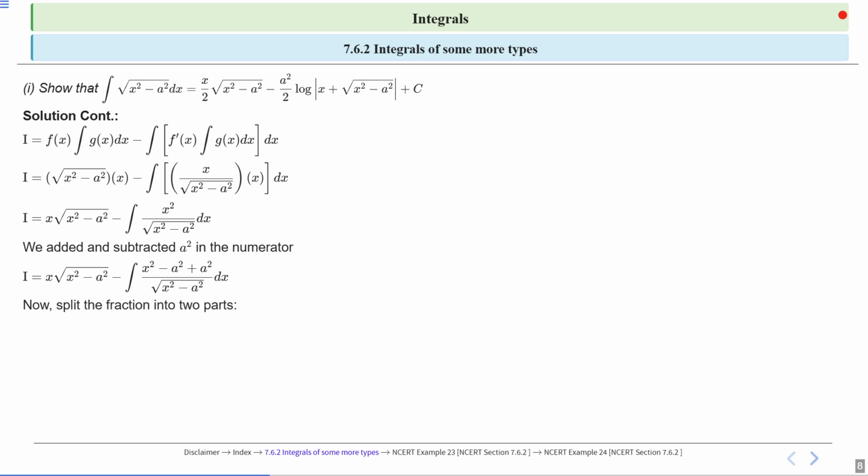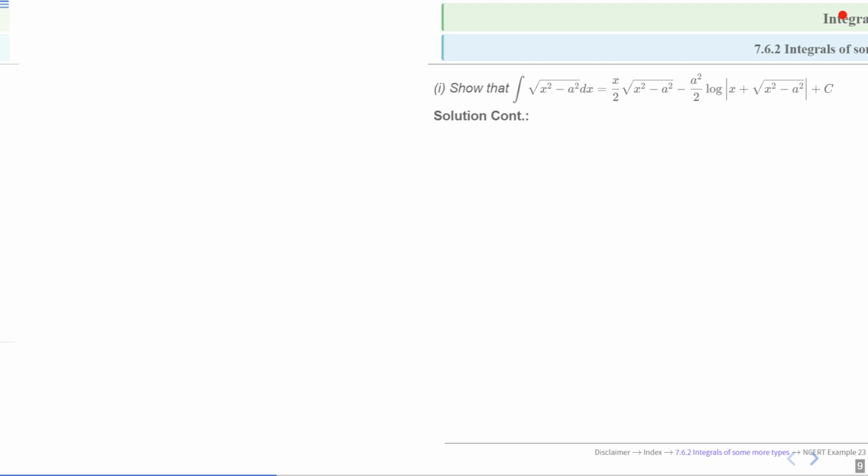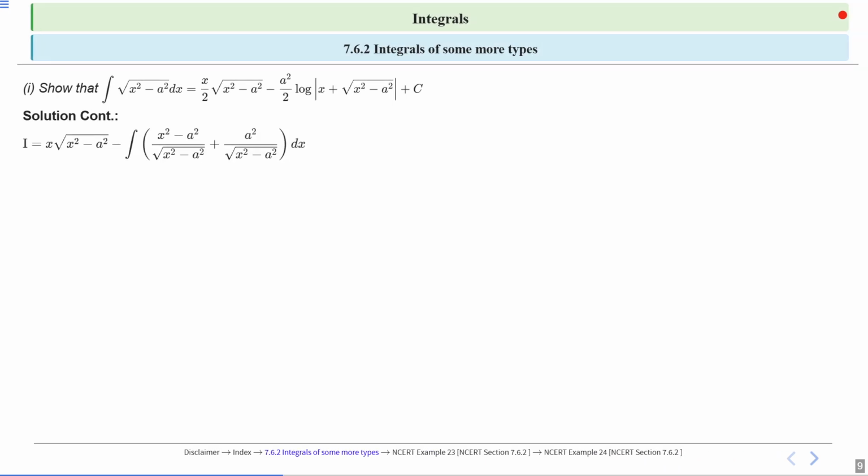Now split the fraction into two parts. So we get I is equal to x into root under x² minus a² minus the integration of x² minus a² by root under x² minus a² plus a² by root under x² minus a² dx.